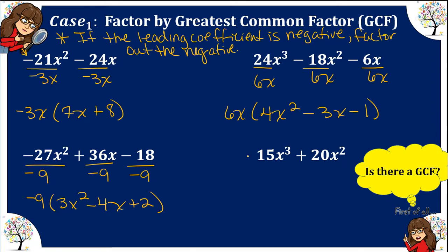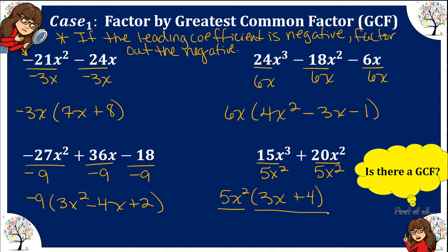In this next example, each term has a common factor of 5x squared. 5x squared is the greatest common factor. So the two factors are 5x squared and 3x plus 4. These are the two factors of our original polynomial.